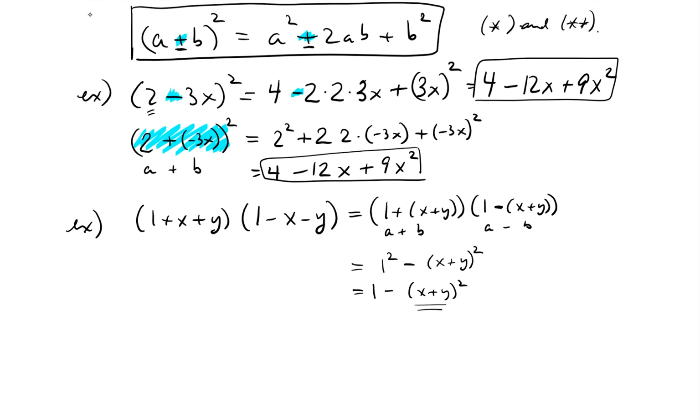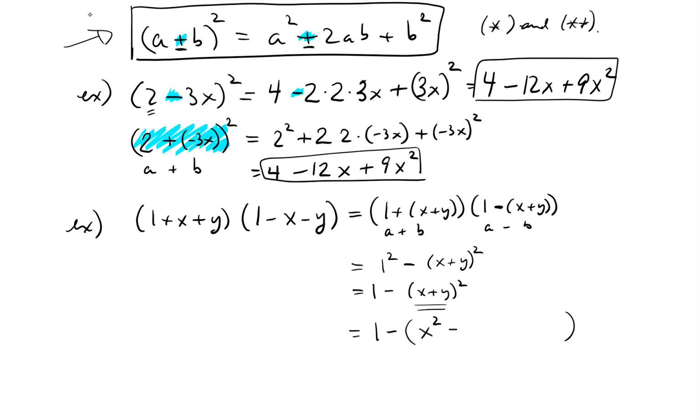And to expand this second term, I'm going to be using this formula here. So this is 1 minus, and let's put everything in brackets because that minus is going to distribute over everything. If I don't put brackets, it will only apply to my first term, and I want it to apply to all the terms, because it's minus (x plus y) squared, so I need to write x plus y squared inside my brackets and then distribute my minus sign. So x plus y squared is what?